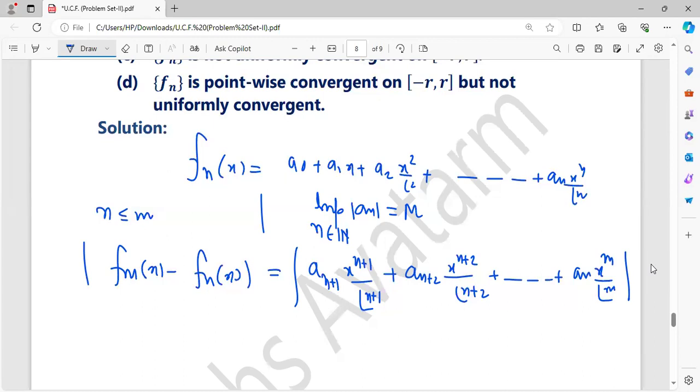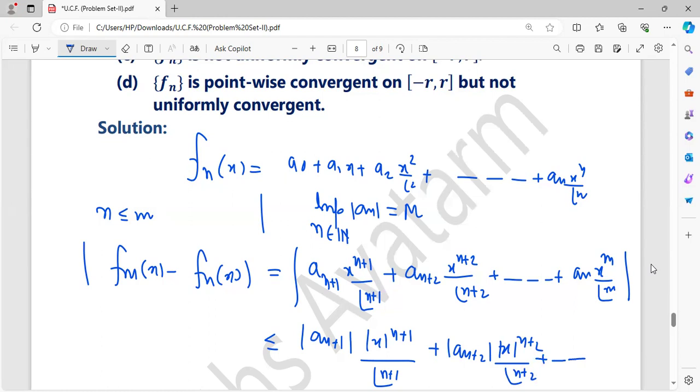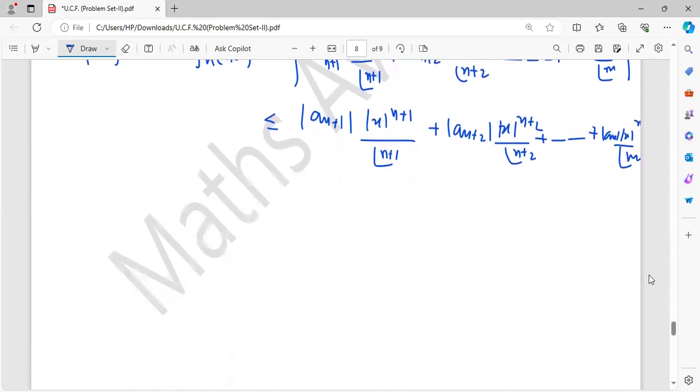So we have a(n+1) x to the power n+1 upon factorial n+1, a(n+2) x to the power n+2 upon factorial n+2, up to am x to the power m upon factorial m. We can take the supremum.